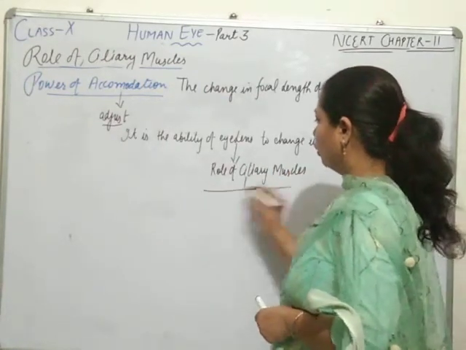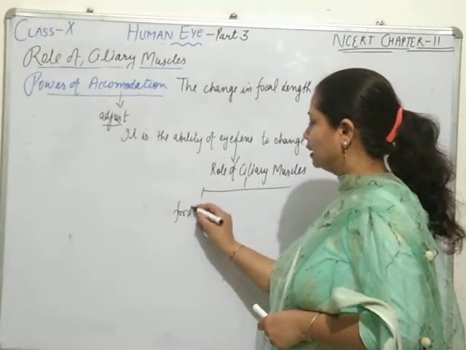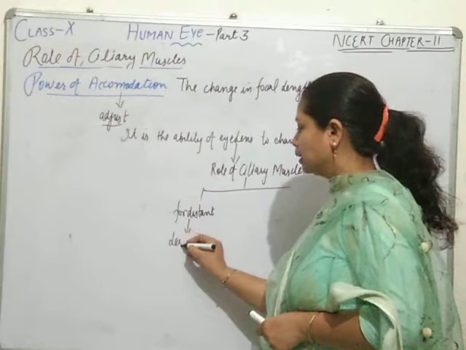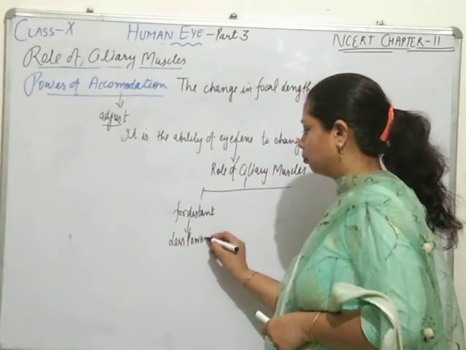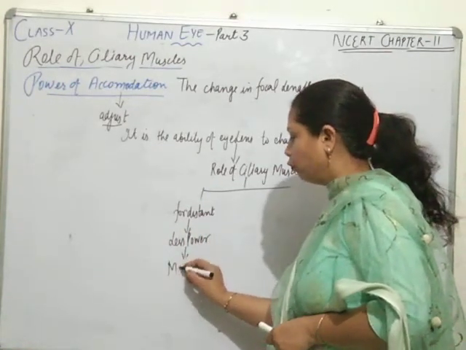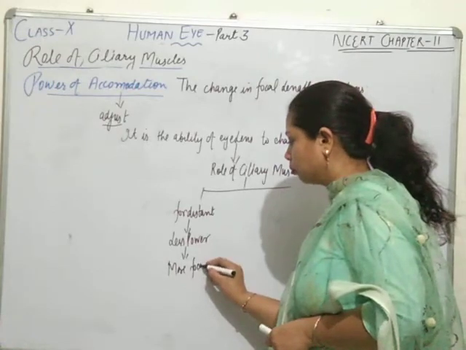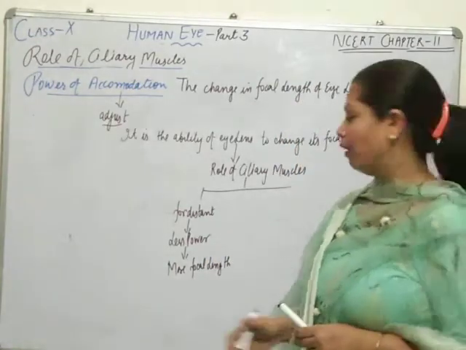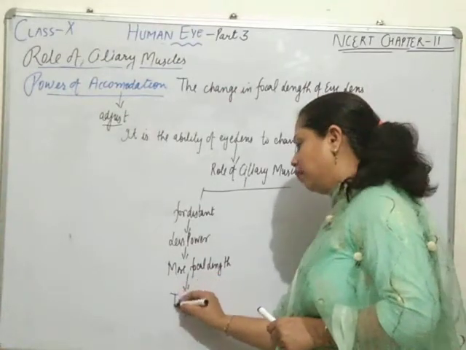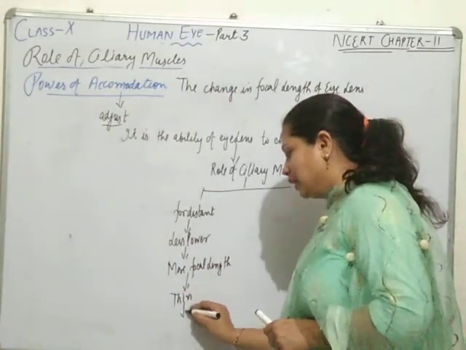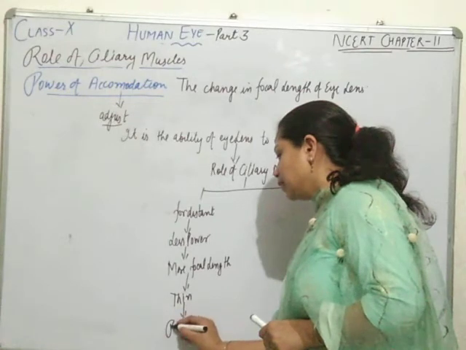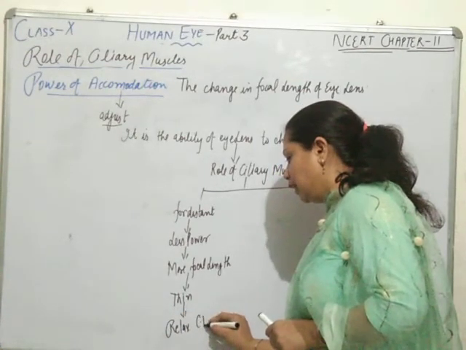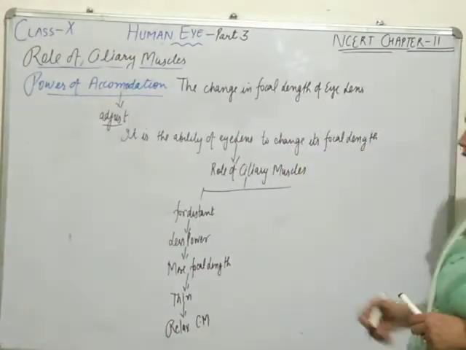How can we conclude? For distant object, less power, more focal length. When focal length is more to be required, then lens become thin. In that situation, ciliary muscles relax.